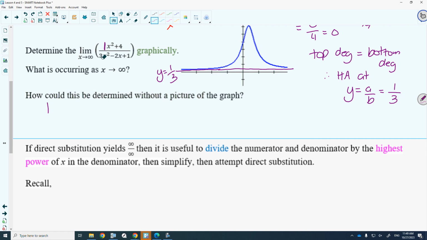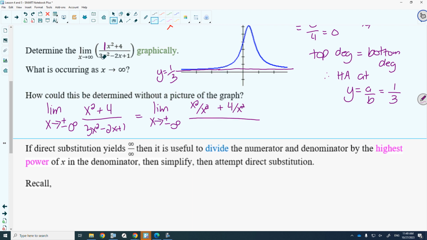So I'm going to say the limit as x approaches positive or negative infinity of this function, x squared plus 4 over 3x squared minus 2x plus 1, is equal to, dividing everything by x squared, the limit as x approaches positive or negative infinity of x squared over x squared plus 4 over x squared, over 3x squared over x squared minus 2x over x squared plus 1 over x squared.